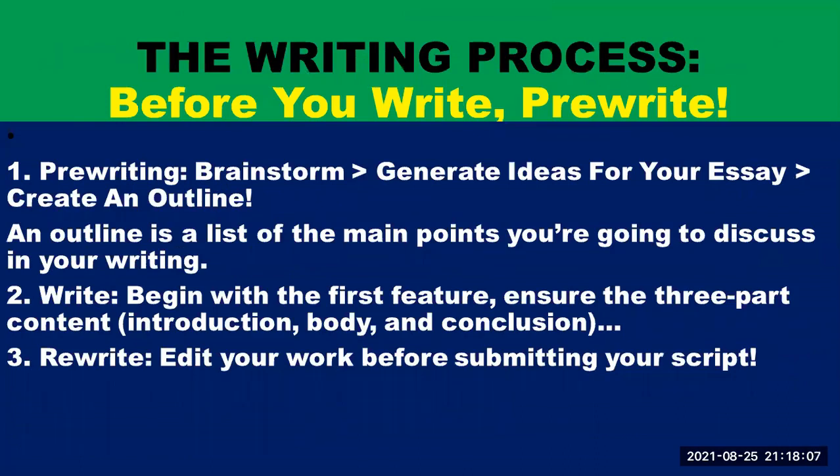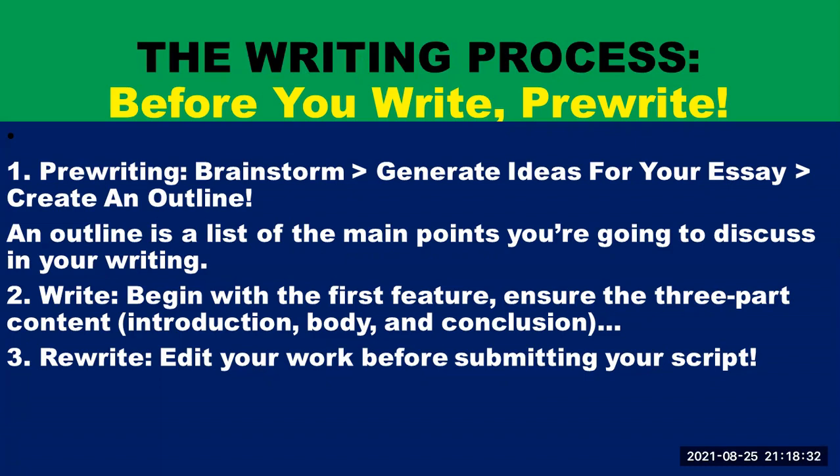But before we go to section B, I want to take you briefly through the writing process. There are certain things you need to do before you write. Before you write, you brainstorm. I can say that writing is divided into three main steps, if you like.